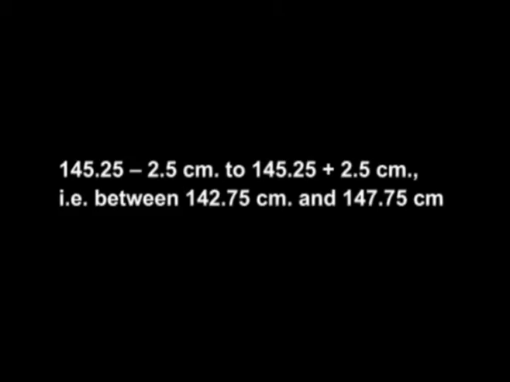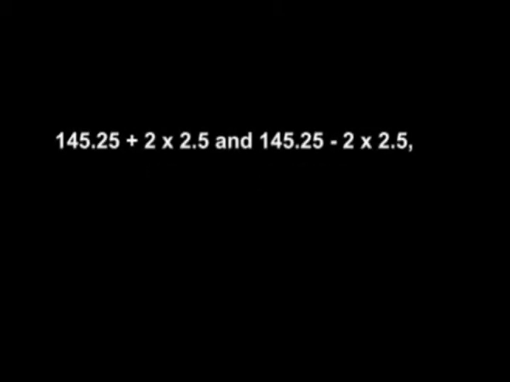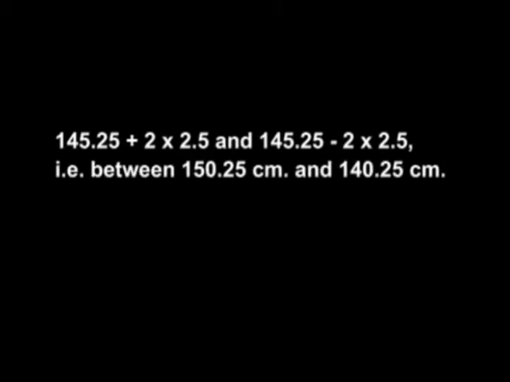147.75 centimeter. Again, mean plus minus 2 SD means that the spread of the values of the variable around the mean is between 145.25 plus 2 into 2.5 and 145.25 minus 2 into 2.5, that is between 150.25 centimeter and 140.25 centimeter.